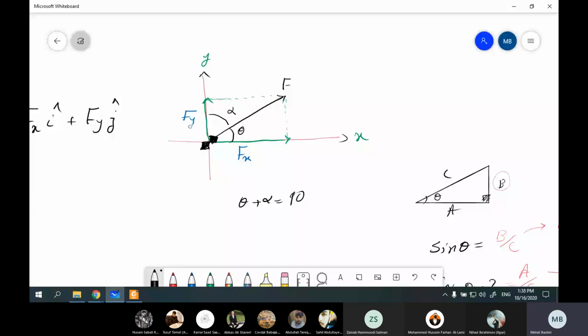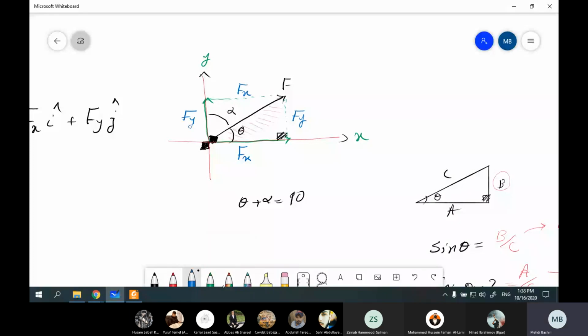So this angle is 90 as well. In this triangle, let me highlight this triangle. This one is parallel, so this one is Fy, and this dashed line is parallel to this one, so this one is Fx.